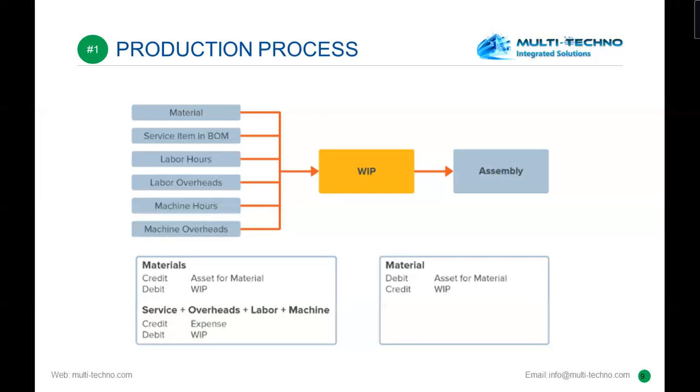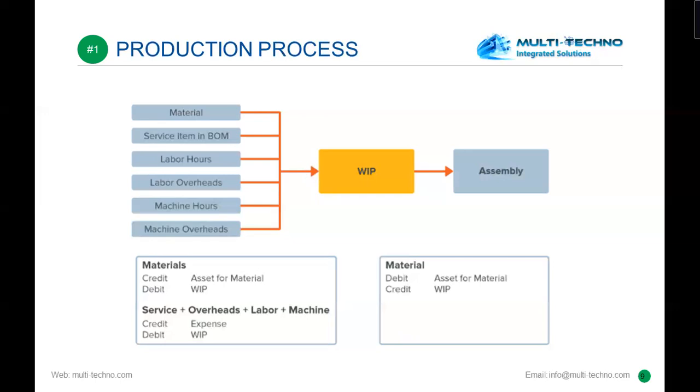As we receive the service item, our work order is completed and finished to assembly build. So the service item also occurs in this section. Also, for labor hours we can assign operation-wise labor and timing, so we can calculate labor hours per time, per hour, or per piece.